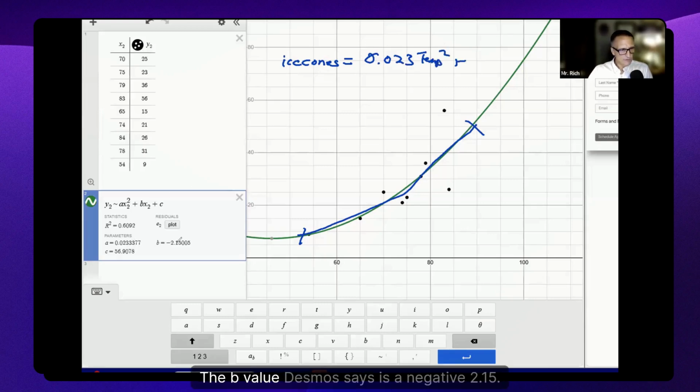The b value, Desmos says, is a negative 2.15. So we'll get rid of this plus and we'll write it as negative 2.15 times temperature to the first power.